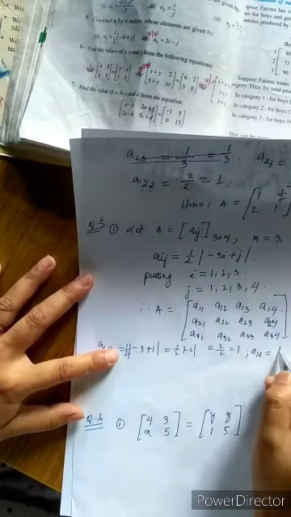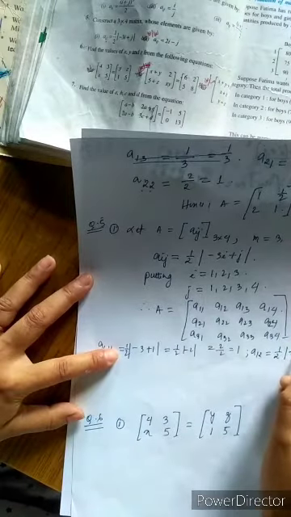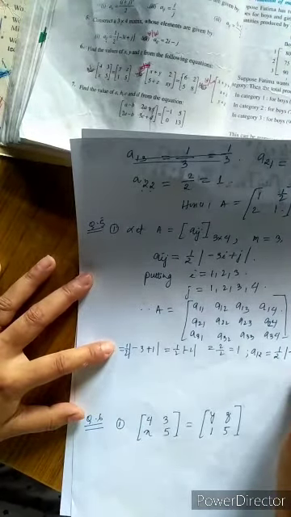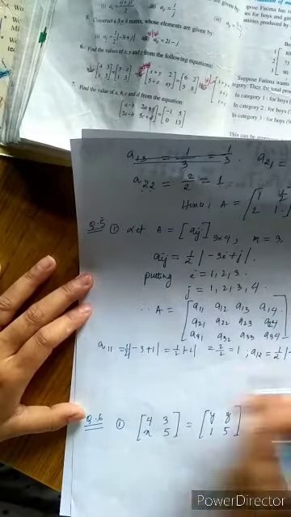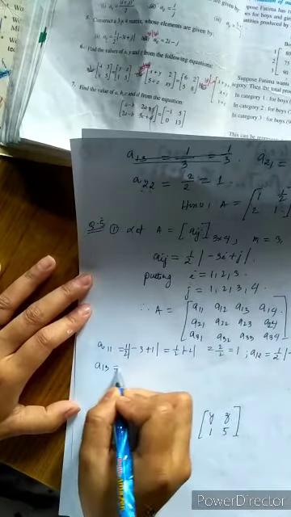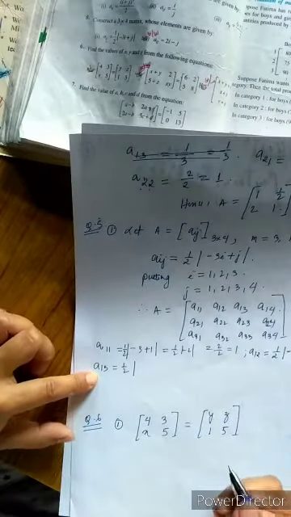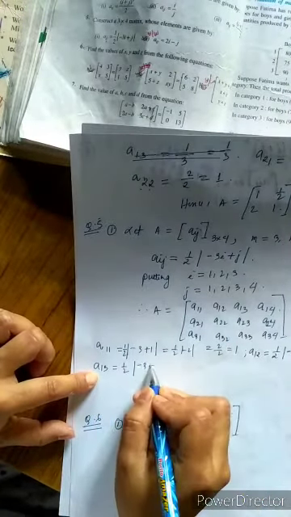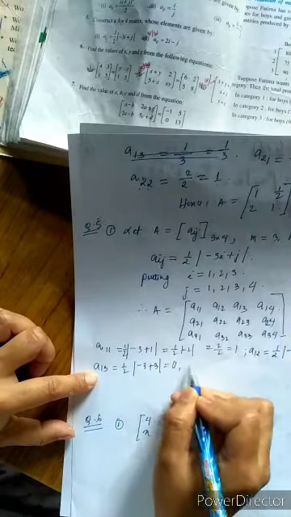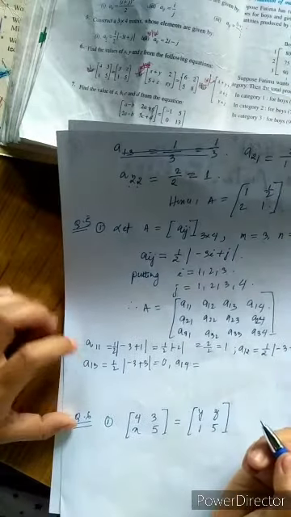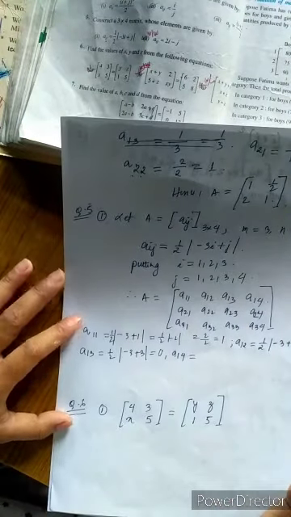Put i is equal to 1 and j is equal to 2: minus 1, so 1 by 2. a13: put i is equal to 1 and j is equal to 3. Minus 3 plus 3 is 0. Next, the value of a14.